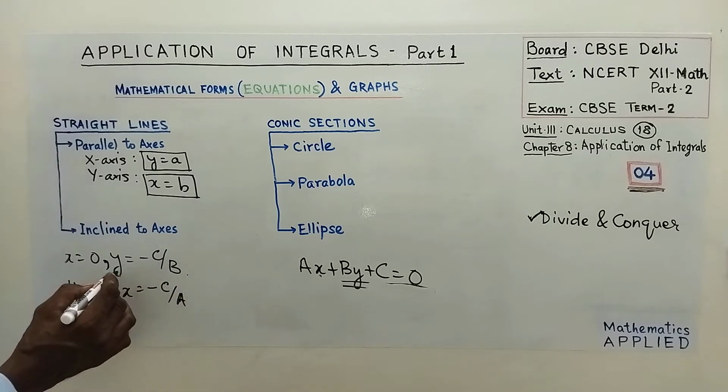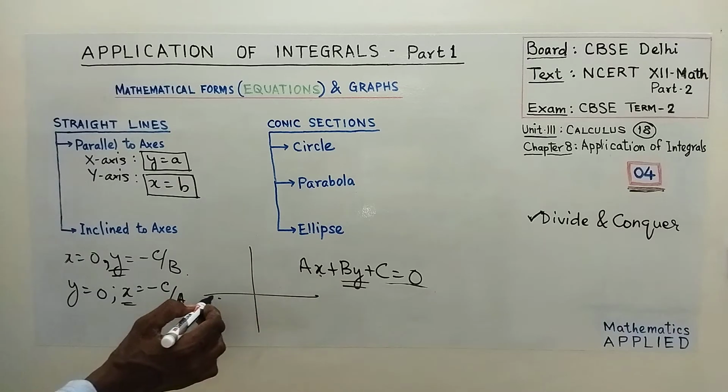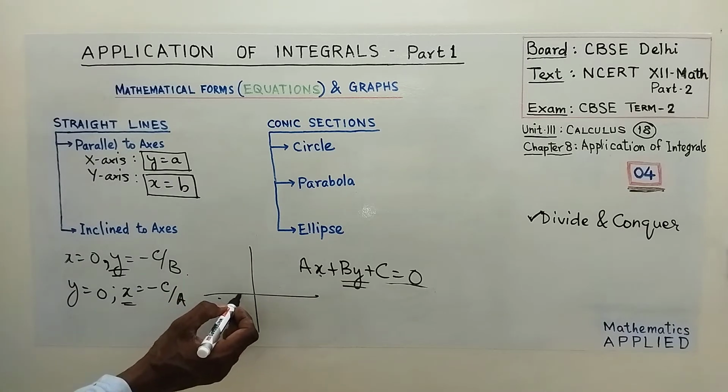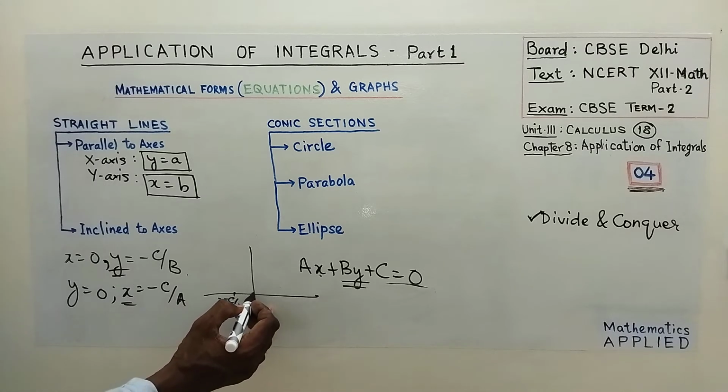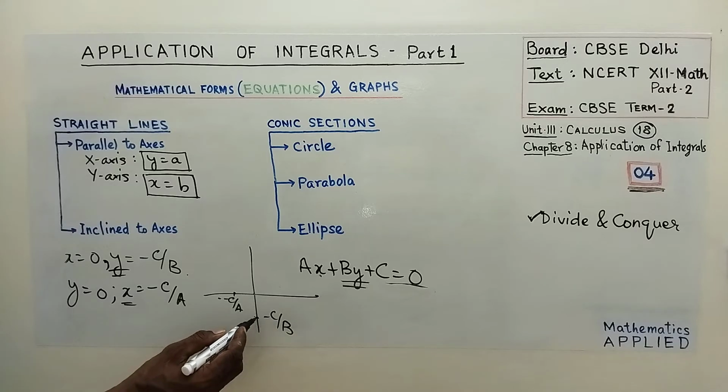So these are the two intercepts, the x-intercept and y-intercept, and you can draw the graph. On the x-axis you take a point minus c by a, and on the y-axis you take a point minus c by b. These two points are there, just connect them. That's it. This is how we draw the line.